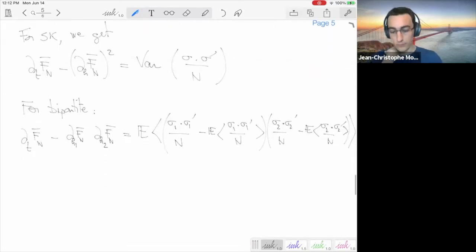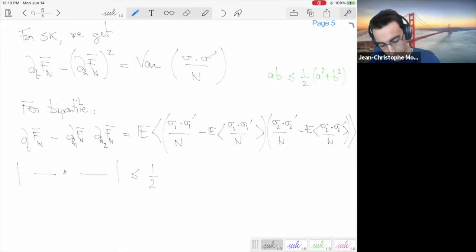Okay, observe that the product of two numbers is always smaller than 1/2 of the sum of the squares. So if I use this on this expression, what I get is that this difference between the derivatives is bounded by 1/2 of the variance of the first overlap plus 1/2 of the variance of the second overlap.